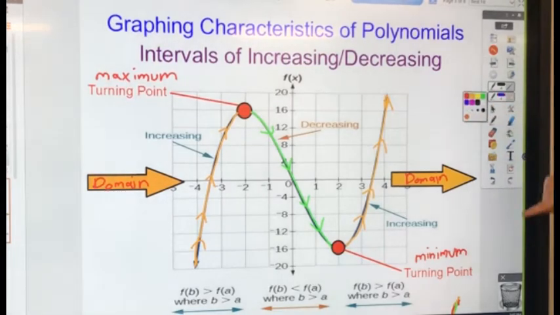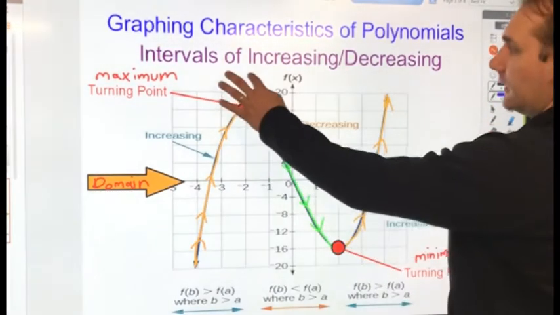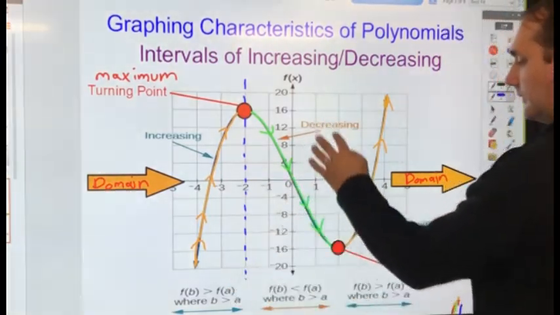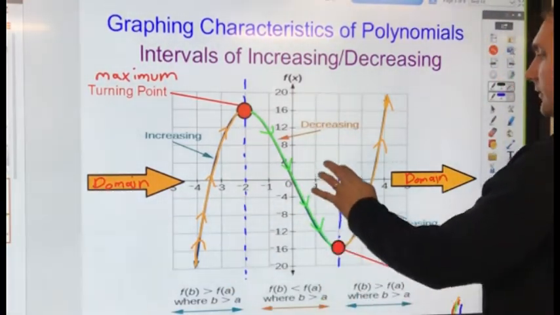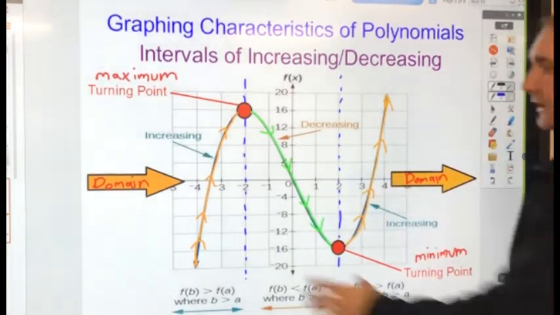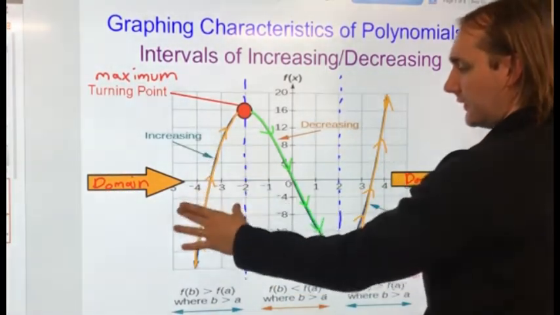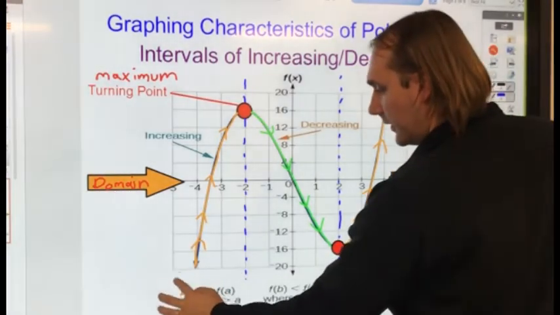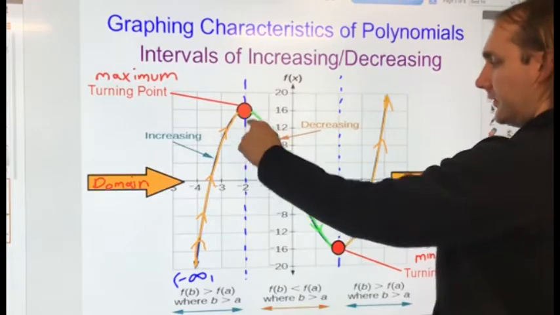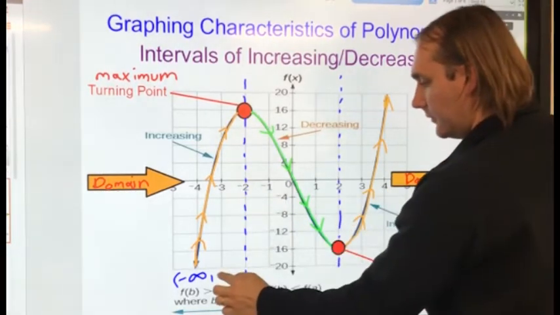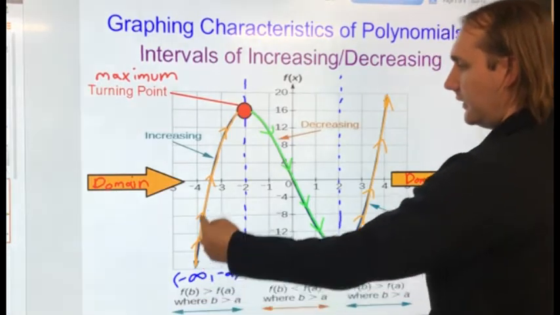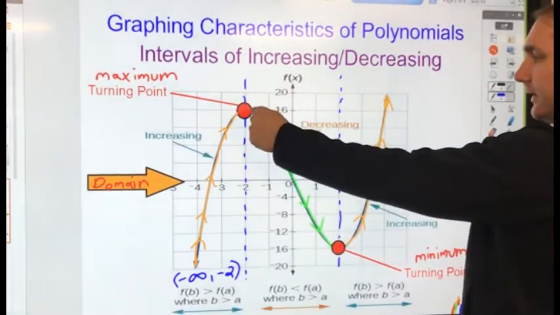So if I were to label these intervals, they're going to be labeled in terms of the turning points here. So these will separate my graph's intervals. So I see I have 1, 2, 3 intervals. This interval here where I'm increasing, I'm going from negative infinity to this turning point, which is negative 2. Right? I'm increasing from negative infinity, stop here at my turning point at negative 2.